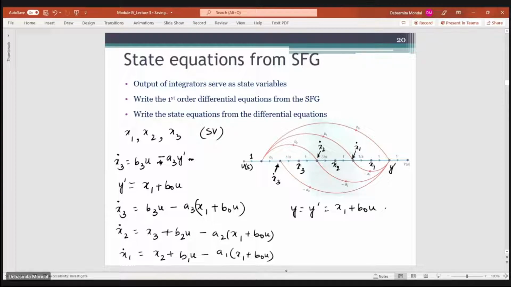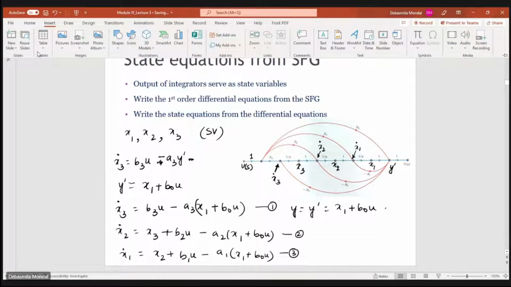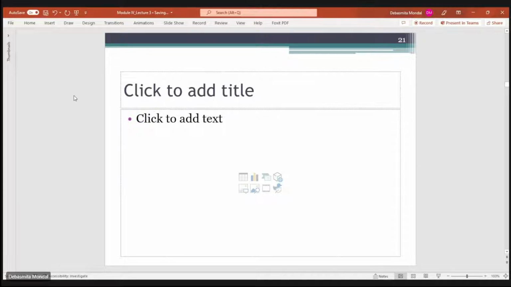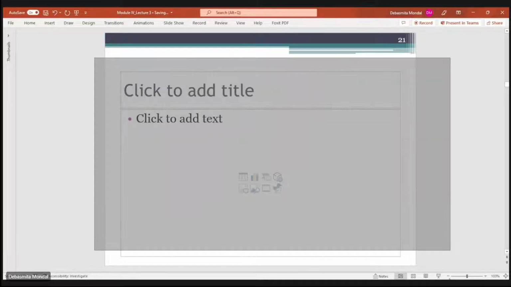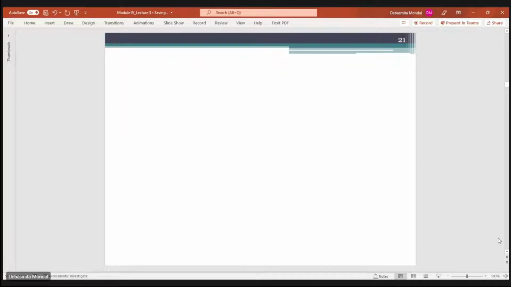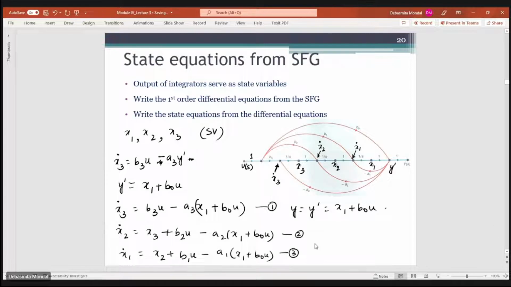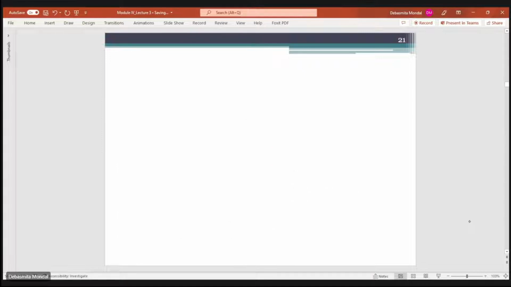Now you have three equations: this is first, this is second, this is third. From these three equations, you can write the state form.